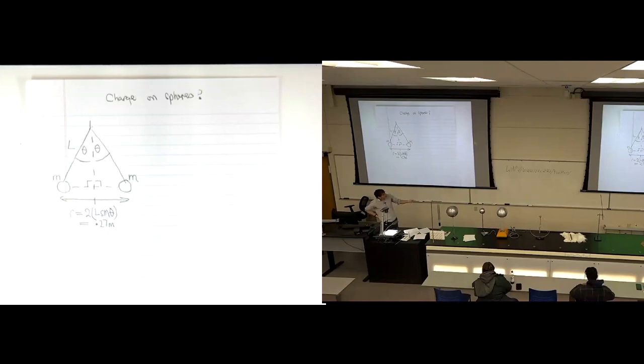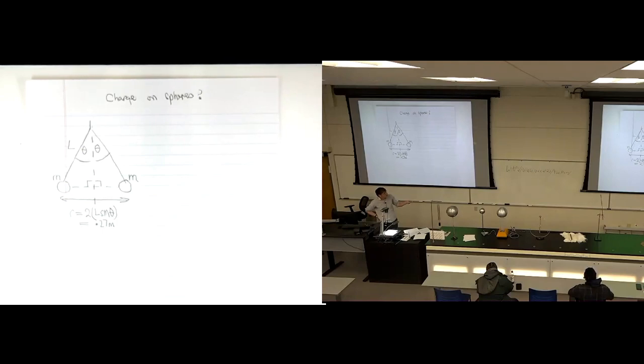And here I marked R, the separation between the two masses, between the two charges. With a little bit of geometry, I calculated that based on the length of the strings and the angle at which they're hanging. These two strings form right-angled triangles.